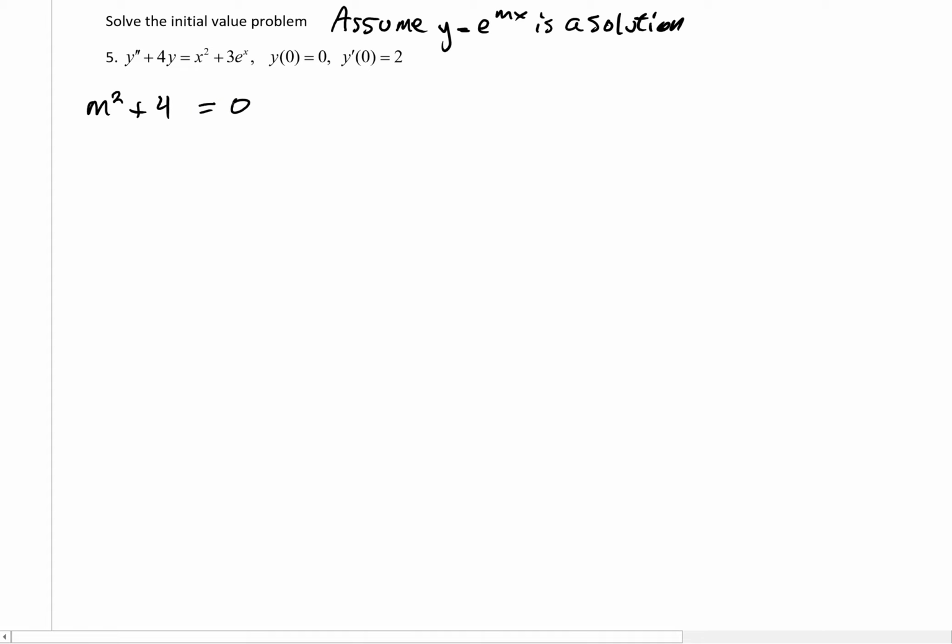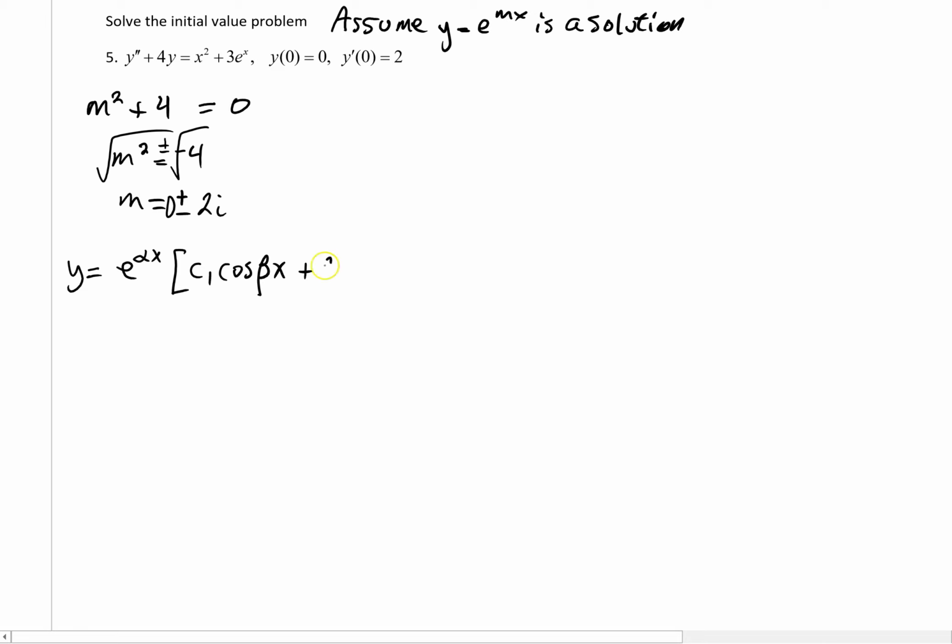And that will yield m squared plus 4 equals 0, meaning m squared is equal to negative 4, and if we took plus or minus square roots, we'd get plus or minus 2i. And of course, what you're going to remember is really what we've got is this general solution when you yield complex solutions, imaginaries.